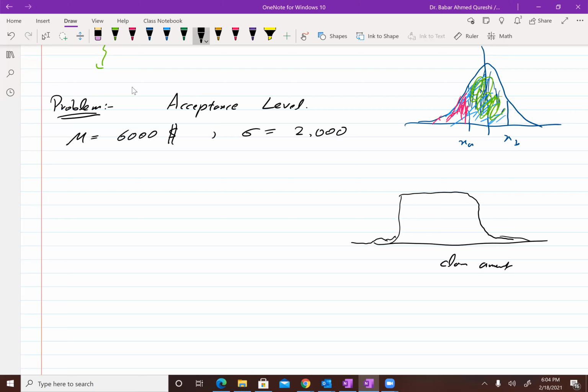So what you do is pick every day, or let's say every week, a sample of the new claims you get. You pick a sample of 100, and then you compute the mean of these claims. You know that it would be normally distributed.